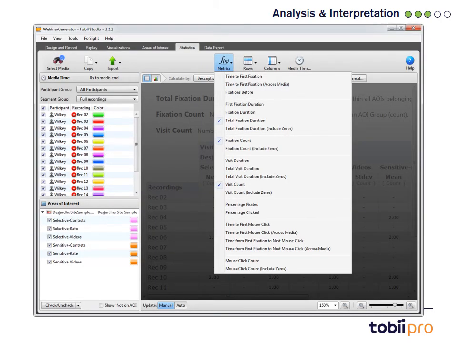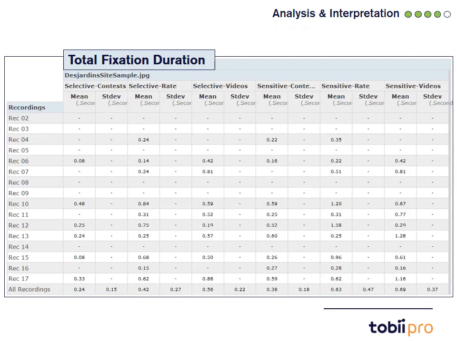For this simple example, we're going to focus on a couple of metrics: total fixation duration, fixation count, and visit count. Could be any of these metrics, but I selected these to really highlight the difference that you could see when you bias your areas of interest for selective versus sensitive analysis. Now let's take a look at the effect of AOI design choice on the resulting metrics.